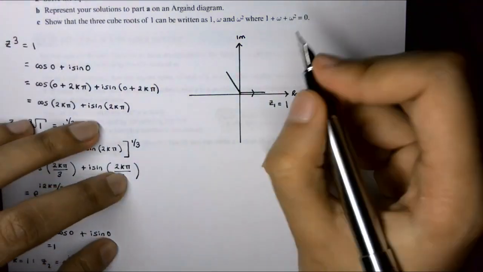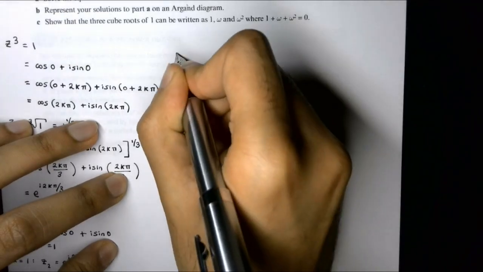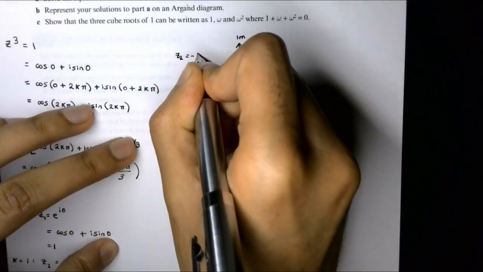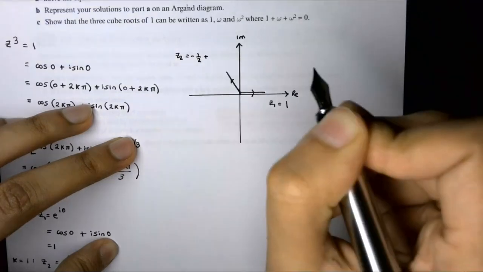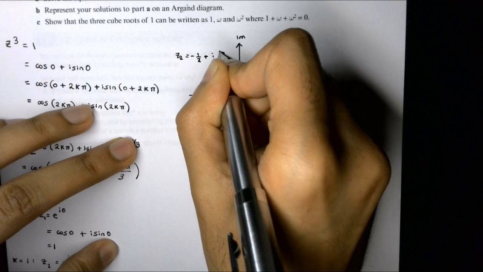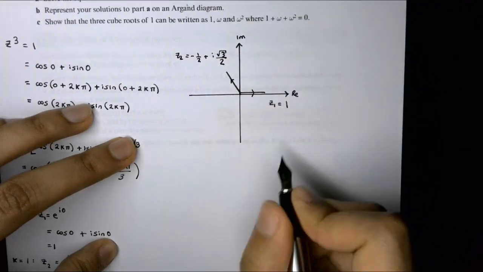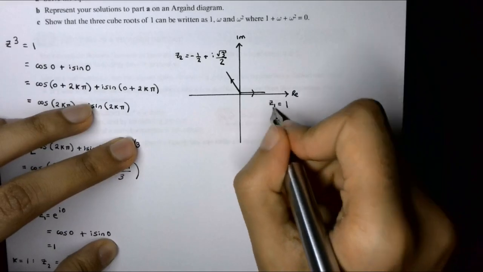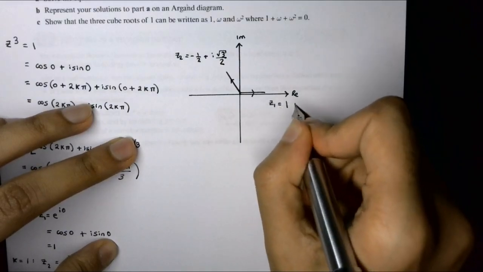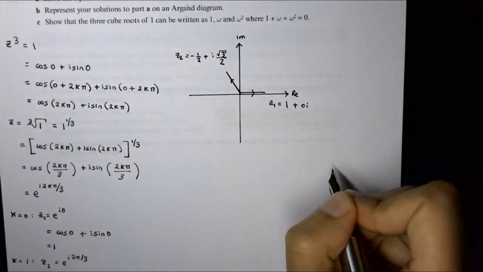Okay, so this is z2 equals minus 1/2 plus i times root 3 over 2. And if you want, you can rewrite z1 as 1 plus 0i. We'll just do that just for clarity.